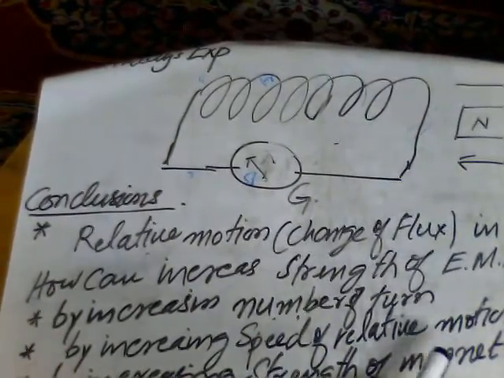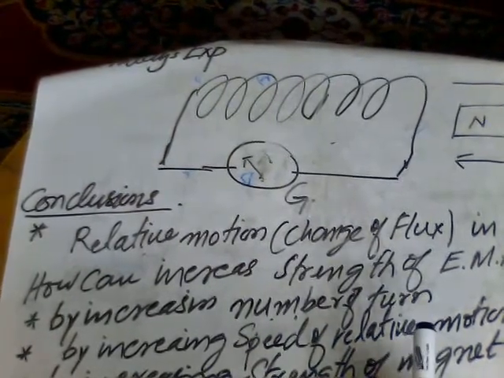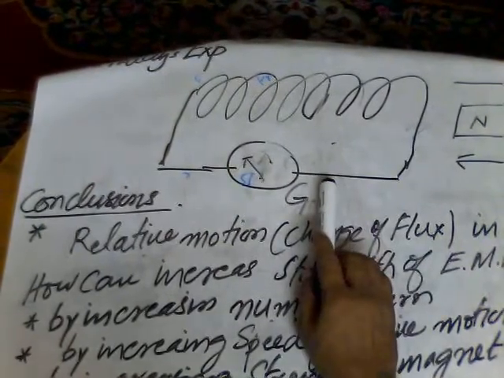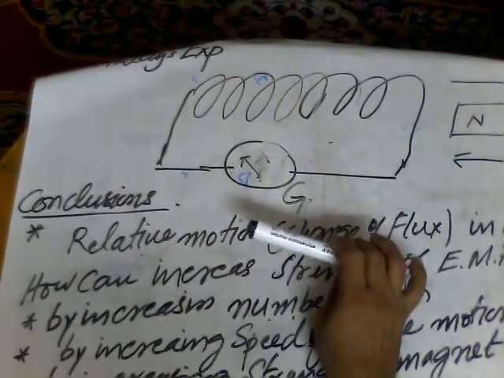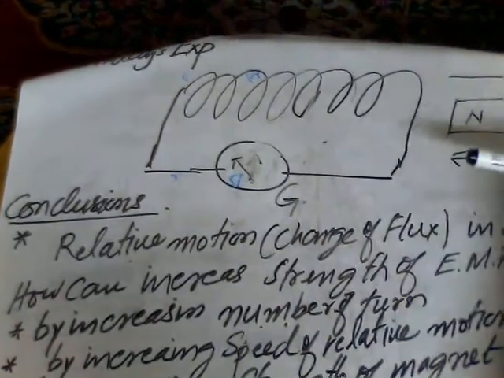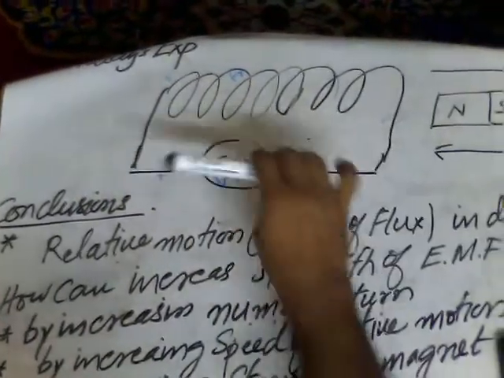Second, by increasing the speed of relative motion between the magnet and the coil. Suppose we move the magnet at this speed, and then afterward more speedily.